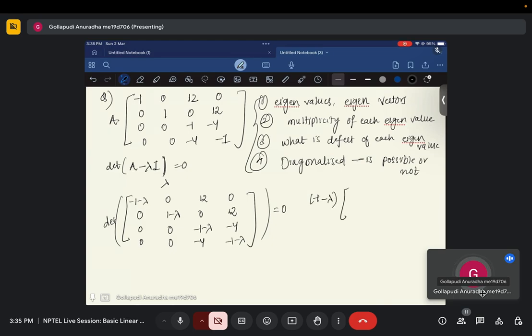So for the determinant, we have all three zeros here, so we can just multiply this with the determinant of this submatrix, then we'll be getting it. Even here also, all the zeros are here.